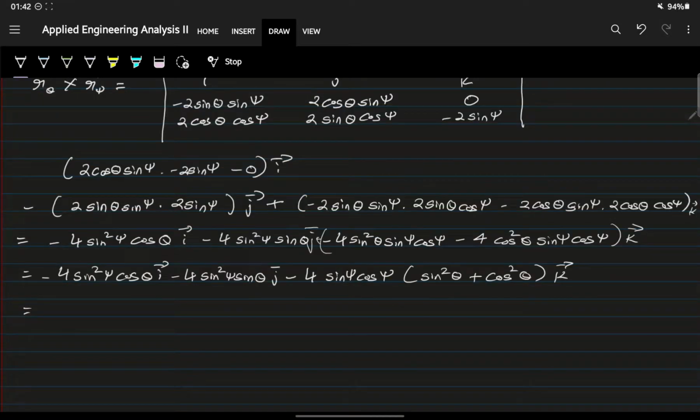Solving and reducing this is what we get.